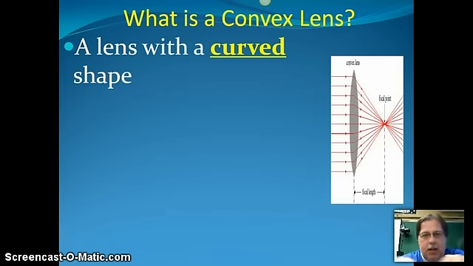It's caving in. If you flip the spoon over and try to eat food with it, you can't eat it that way because it's not caved in. The shape that rounds out like that is called convex. And if you look right in here, this is convex. So it's thicker here than it is on the sides.